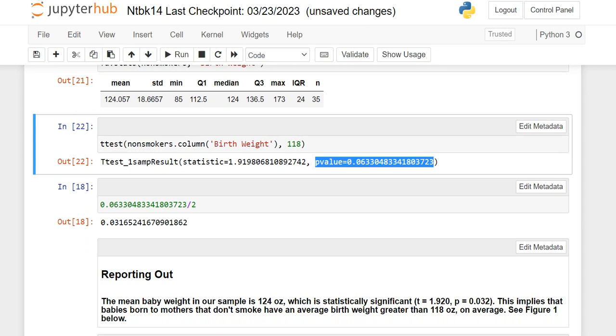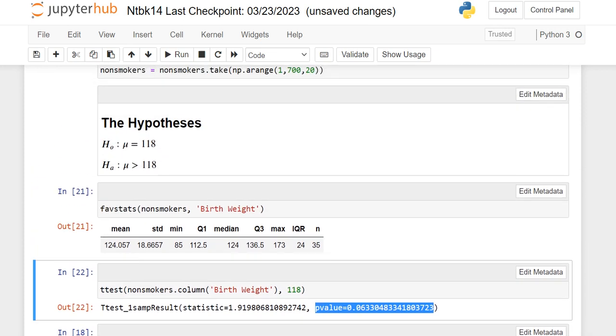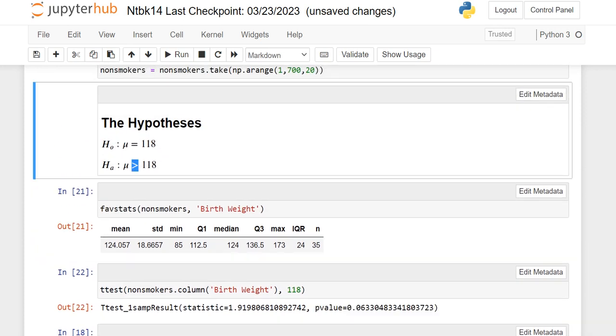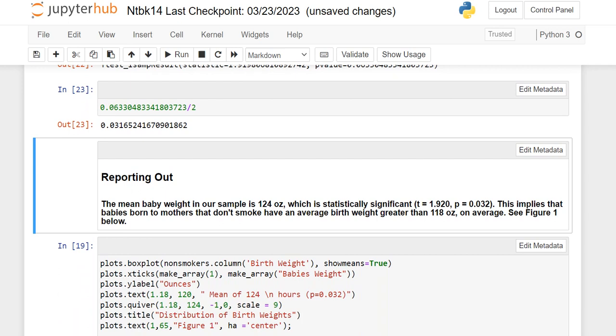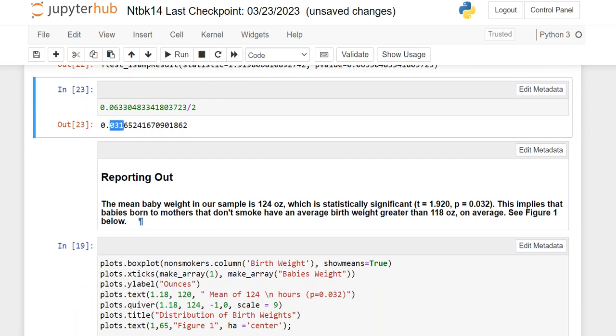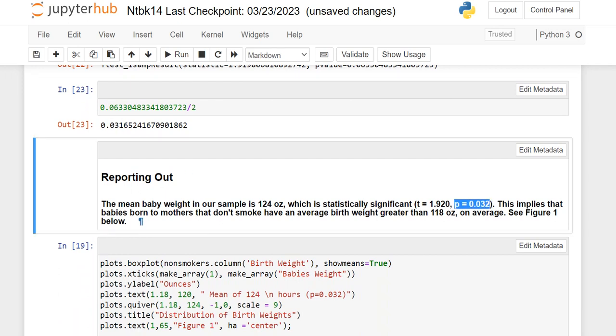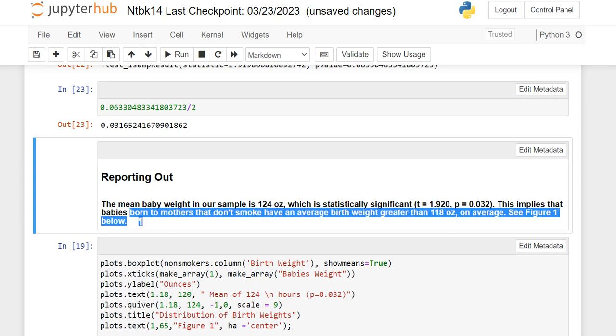But again, we were testing a one-sample hypothesis, so we're going to cut the p-value in half. And now our p-value is 0.03, right? Which is statistically significant. We do reject the null. And for babies born to mothers that don't smoke, we do have scientific evidence that their average birth weight is greater than 118 ounces.